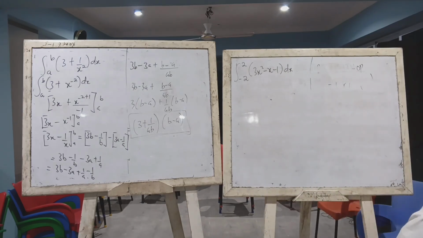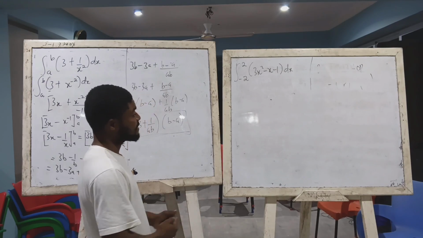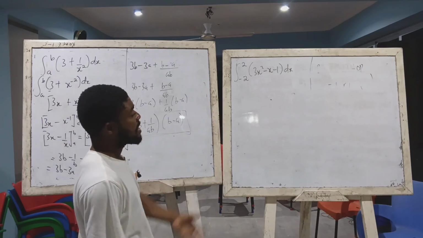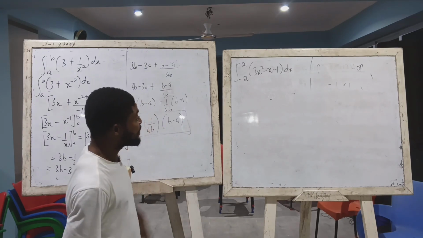Okay, and so we have this, and the limits have been given. Just like we did this one, there's no need to change anything from fractional to the negative exponent, so we leave it like that.